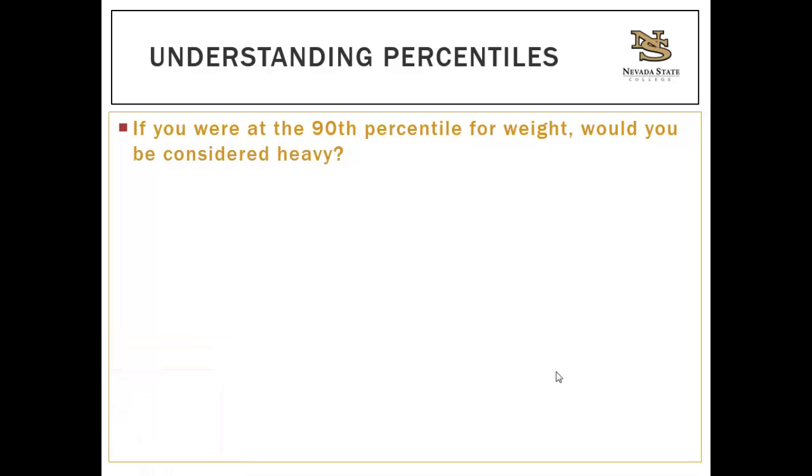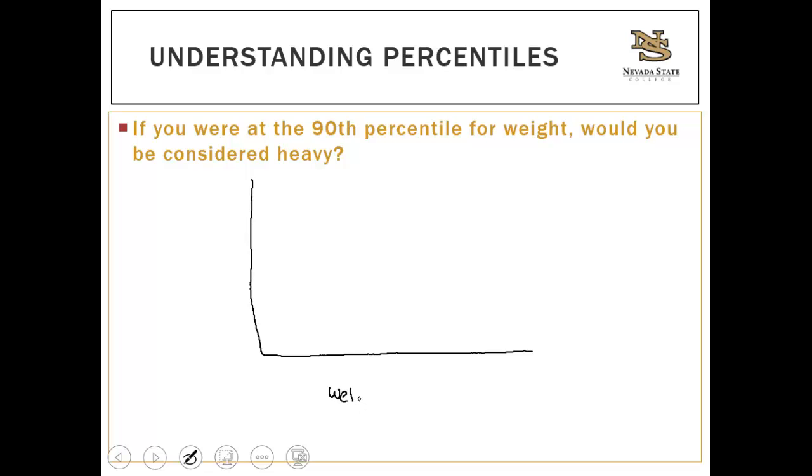All right, I'm going to draw a picture to look at this. So if you were at the 90th percentile for weight, would you be considered heavy? If we drew the distribution of weight like this, roughly, so different weights, and this is our frequency or number of people. And let's go ahead and assume that weight is normally distributed.